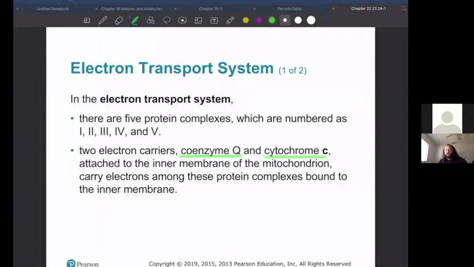They were being reduced throughout the citric acid cycle, glycolysis, and pyruvate catabolism. And what we're going to see is they're now going to be oxidized and transport electrons to these 2 carriers. That energy in those electrons is going to be used to pump protons from the matrix of the mitochondria across the inner membrane into the intermembrane space, okay?